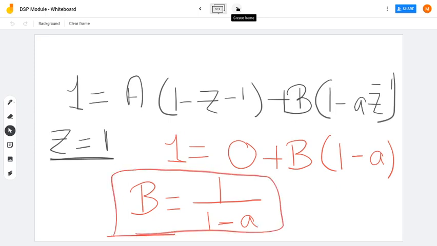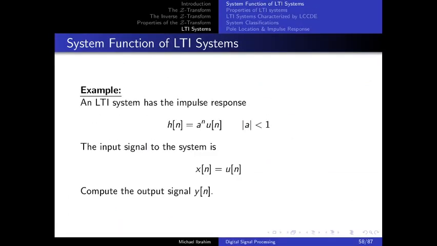Similarly, if you put z equal to a, this term will cancel out and you will get A equal to another expression. So let's go back to our slides over here.